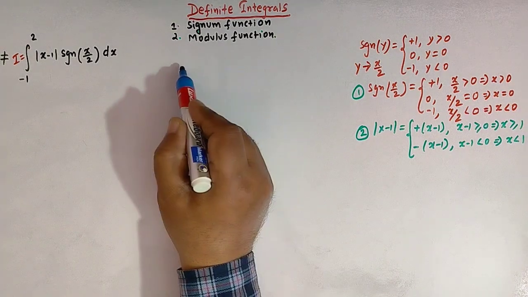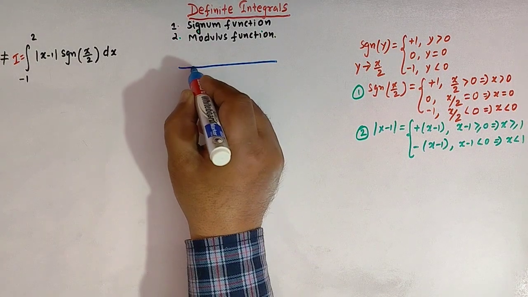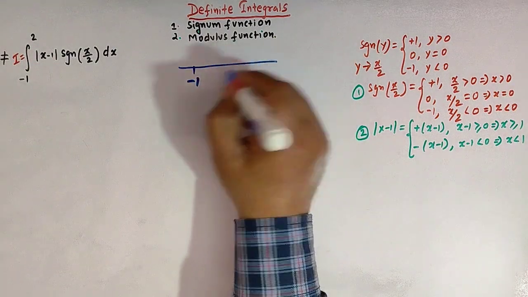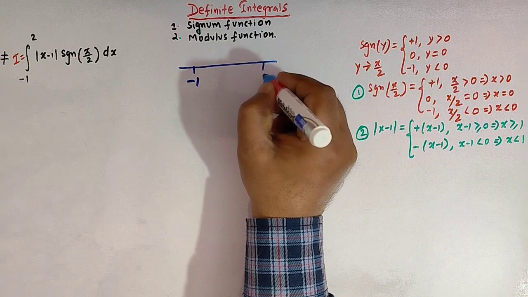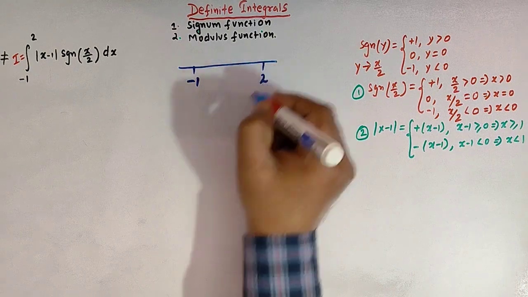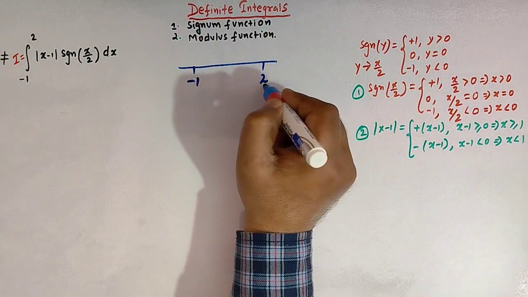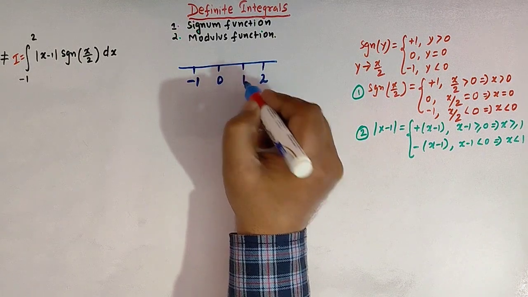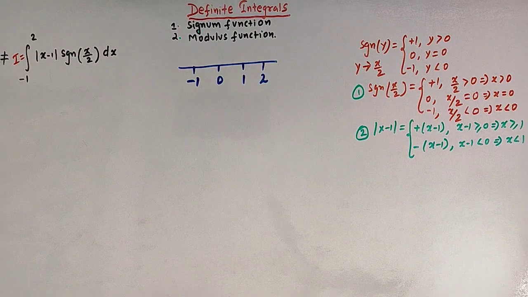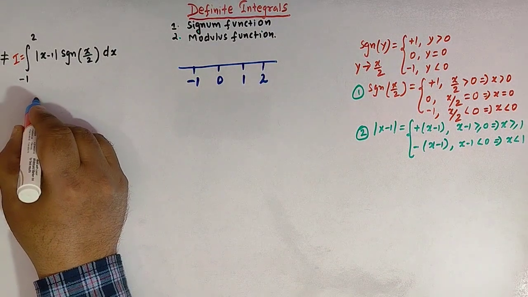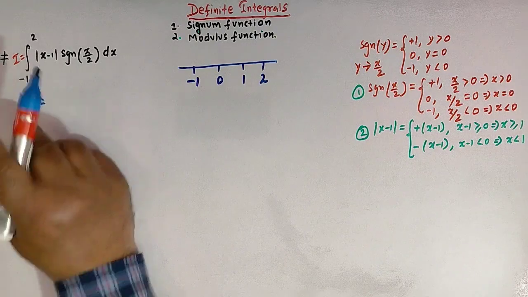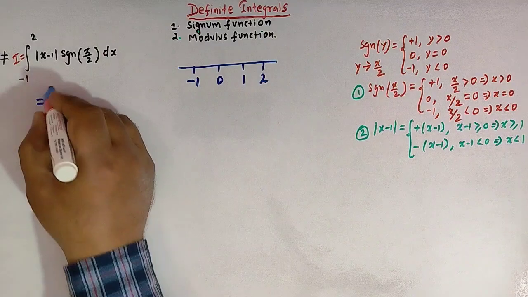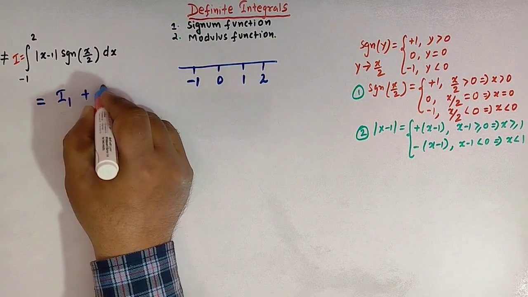The lower limit is minus 1 and the upper limit is 2, and between minus 1 and 2 we can write 0 and 1. First we'll write this integral I as a sum of two integrals, I1 plus I2.